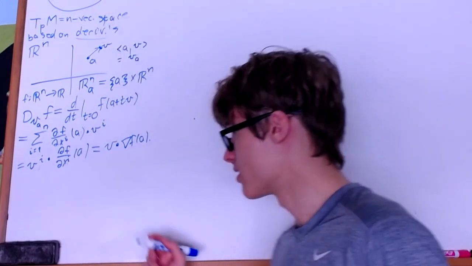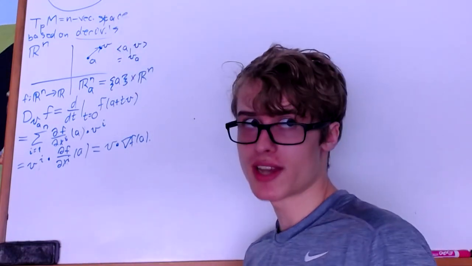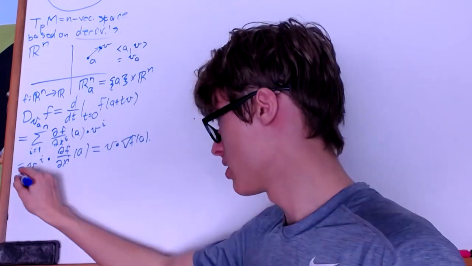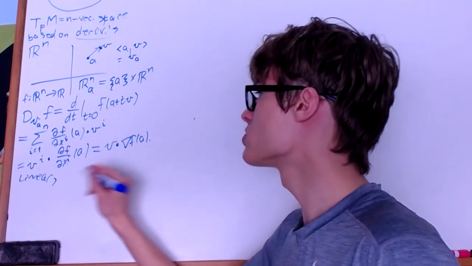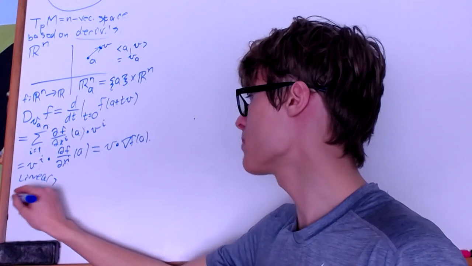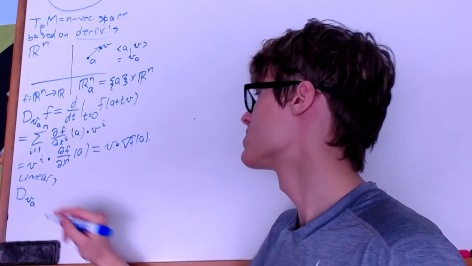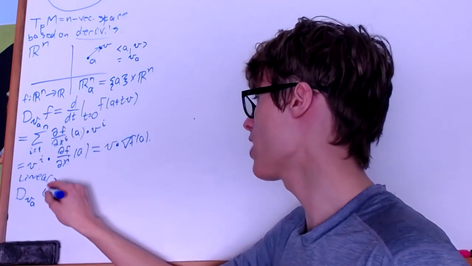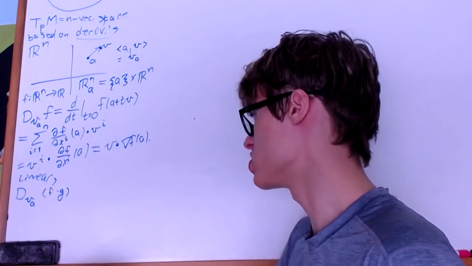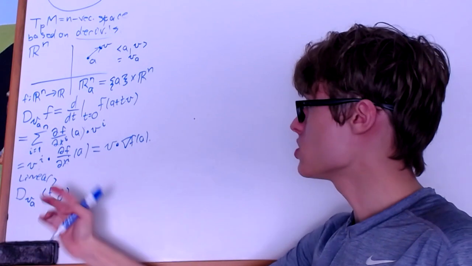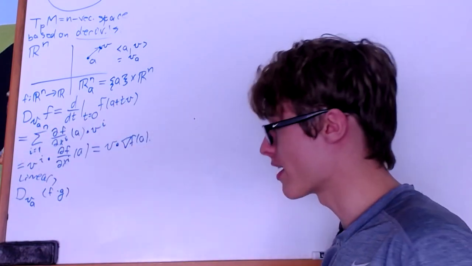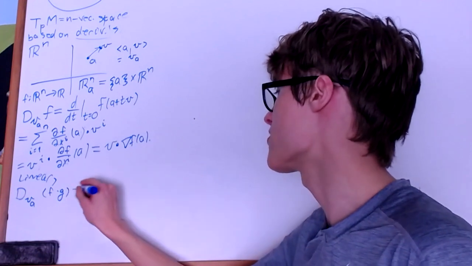What are some properties of this operator? Well, it actually has all the standard properties of a derivative. Namely, it is linear. It's not only linear, it also has a product rule, or the Leibniz rule. So if I do D evaluated at v, a, and I apply it to f times g, and evaluating this uses this definition of the operator, and I won't prove it, it's very, very easy.